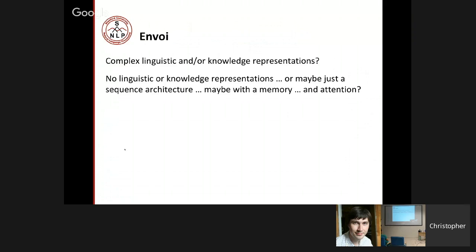All we have for language is sequences. Sometimes it then gets a bit more complexified with memory and attention. I feel that we want a little bit more than that, and that there is surely a right middle ground of simple representations that get at the central heart of language while not being overly complex.